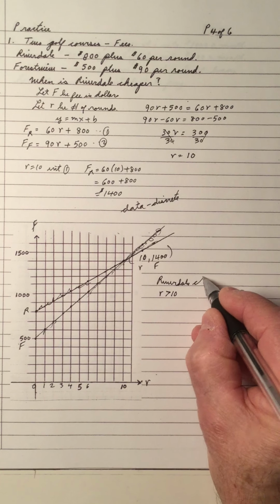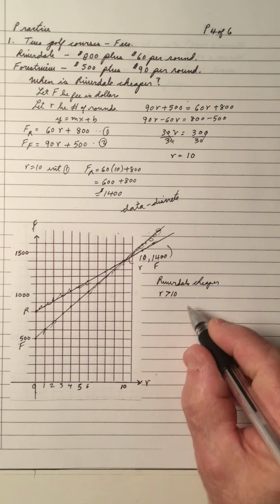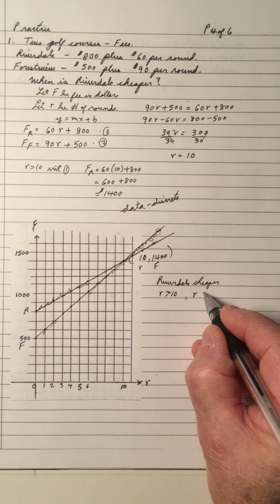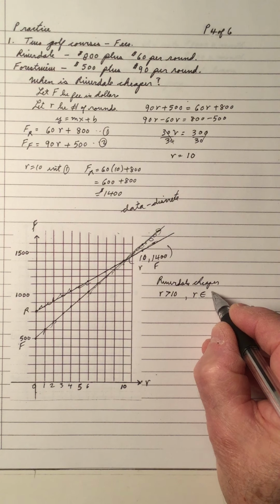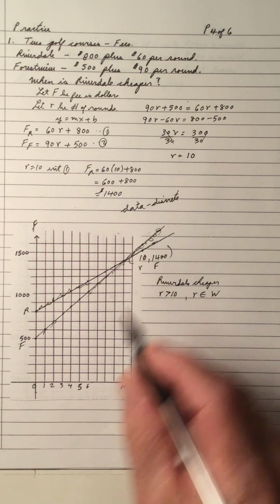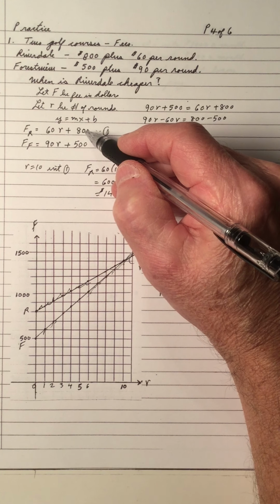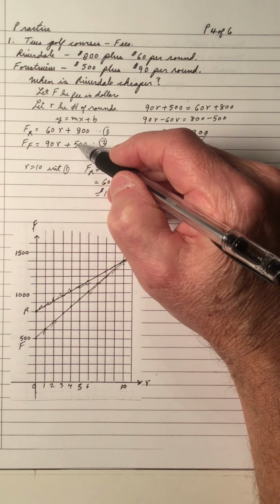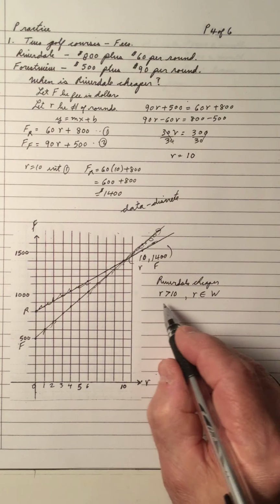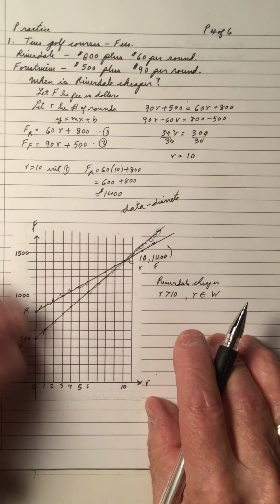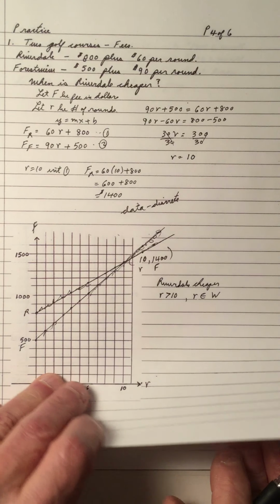So Riverdale is cheaper after 10 rounds. And remember, R belongs to the whole numbers, because if you don't play any golf at all, Riverdale charges you 800 and Forest View charges you 500 if you put 0 in. So it's greater than 10. Just thought I might work out some of these problems and show you what goes on.